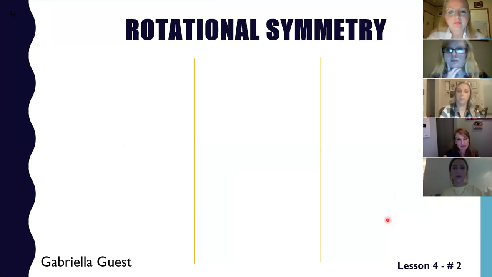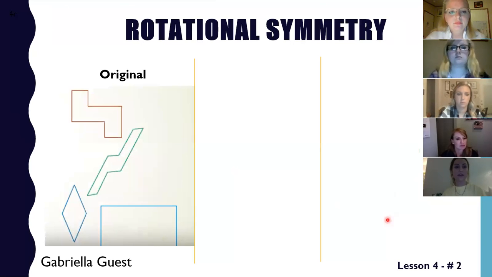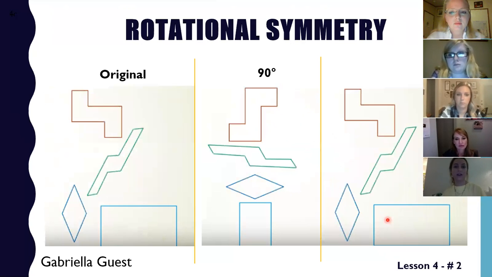And then next, we're going to go over just what we talked about. We're going to go over rotational symmetry. So we're going to look at the original shape. Just look at these shapes, and then we're going to rotate it 90 degrees and then 180 degrees. So let's look at every shape.